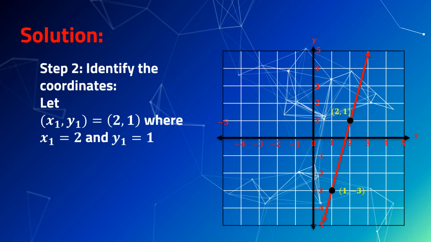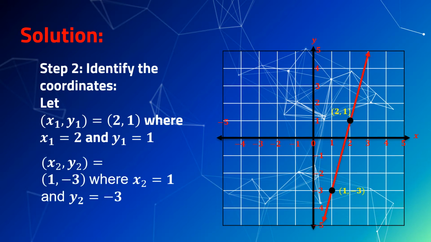The second step is to identify the coordinates. We have x sub 1, y sub 1, that is (2, 1), where x sub 1 is equal to 2 and y sub 1 is equal to 1. And x sub 2, y sub 2 is (1, -3), where x sub 2 is equal to 1 and y sub 2 is equal to -3.